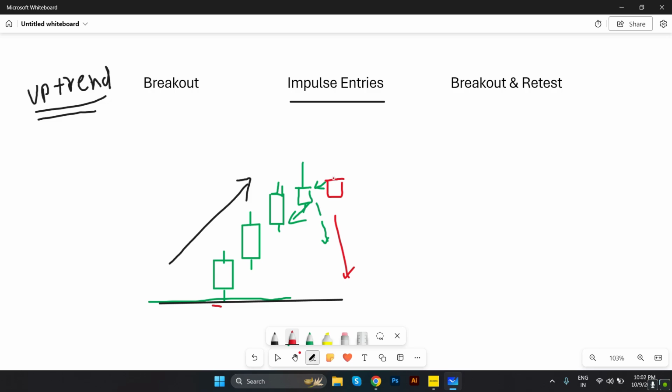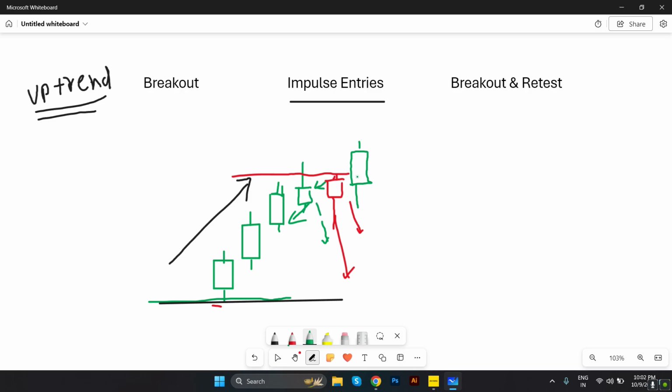So you would say, okay, we formed a resistance. This is a resistance area. At this point I would anticipate price to come down and create the market structure that we had drawn before. But what the candle will do is wick down, and it will start breaking the high of the previous candle, and this candle will start moving like this.